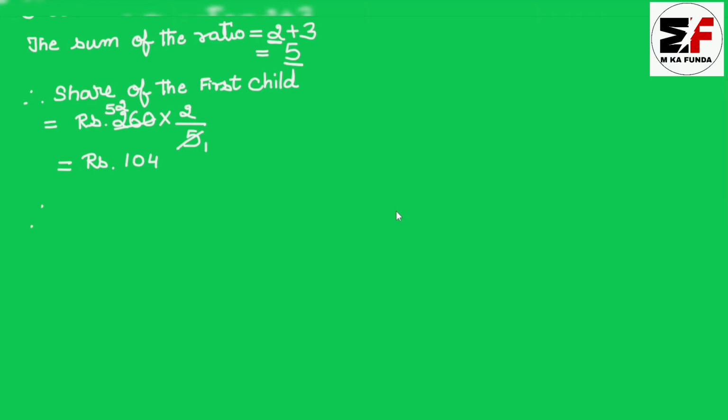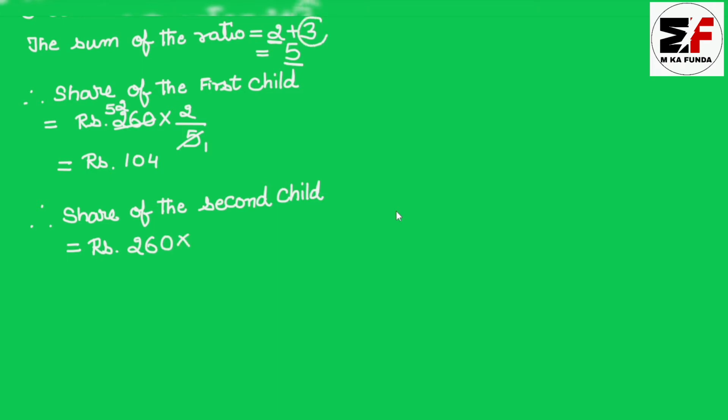Same way we will find the share of the second child. So we write therefore share of the second child, it will be equal to rupees, again the total amount was rupees 260 multiplied by the second ratio, 3 upon the total one, this one, upon 5.